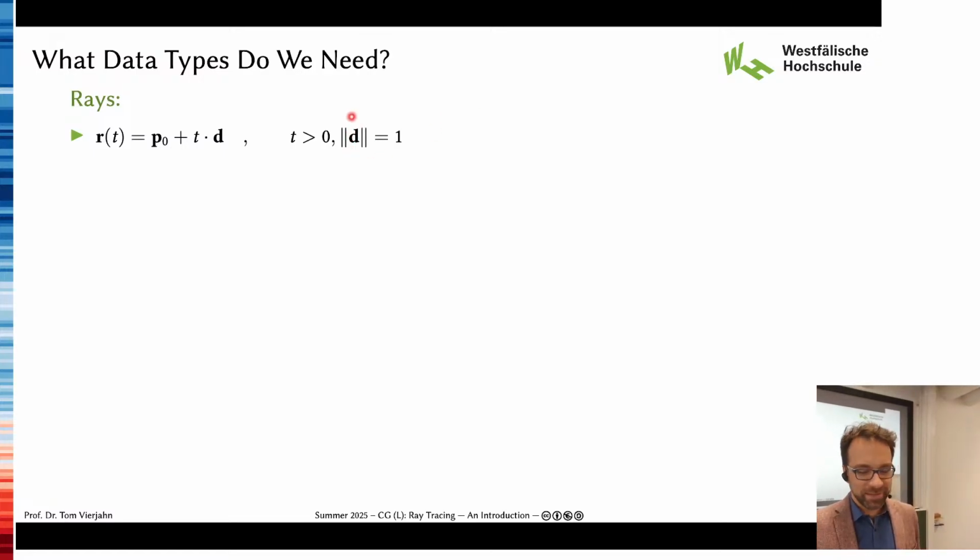Only if the length of d is 1, then t is the distance. Otherwise, t would be the distance in terms of the length of d, but that is just for convenience. If the length of d is 1, then t is the distance. Yeah, so you have to normalize d. But why does t need to be greater than 0?